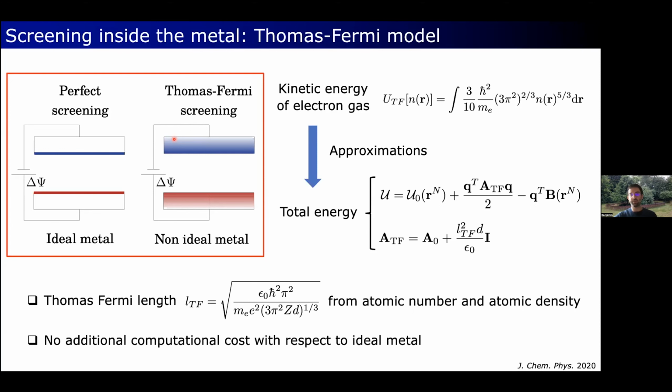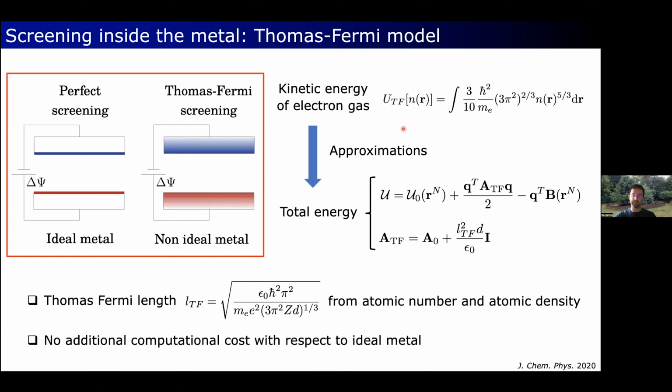If you try to introduce that as they do in DFT, you introduce a functional for the kinetic energy of the electron gas, using a description based on a Gaussian charge distribution around each electrode atom.